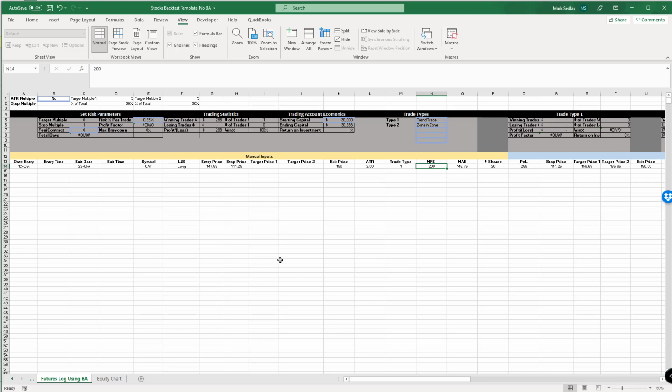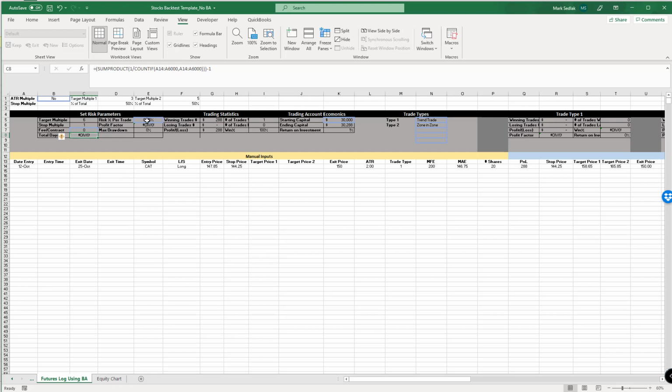And then again, now let's go through some of the statistics. Okay, so here's where you're going to set the ATR multiples. If you have trading fees, you would put that number here, and it would be deducted from your P&L. Total days is just going to tell us how many days we've been trading in the spreadsheet.